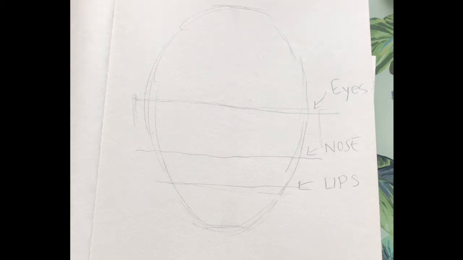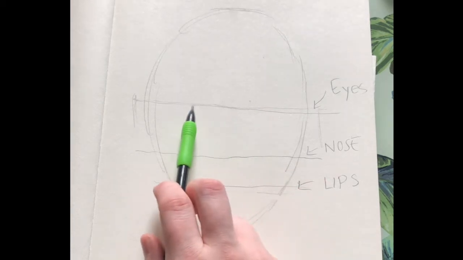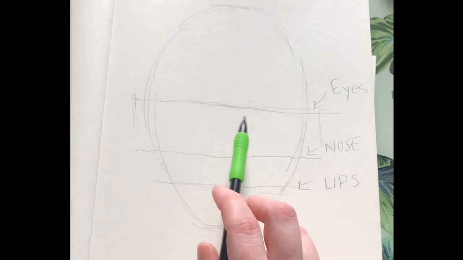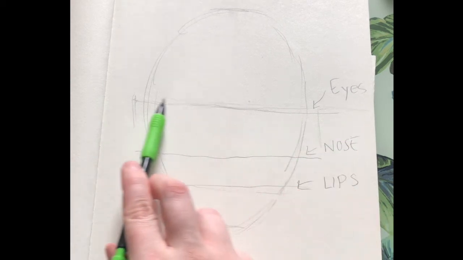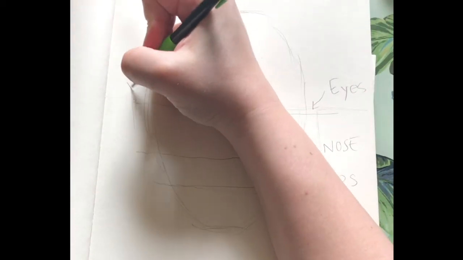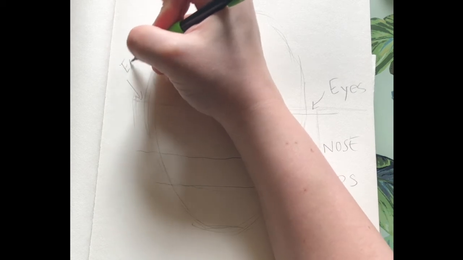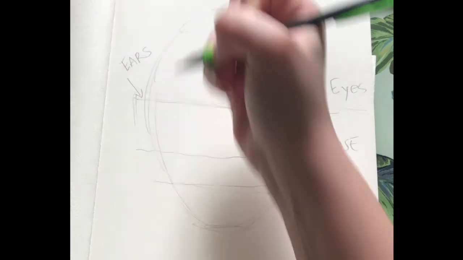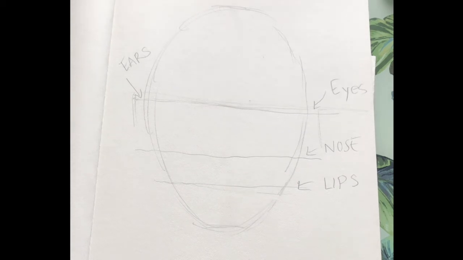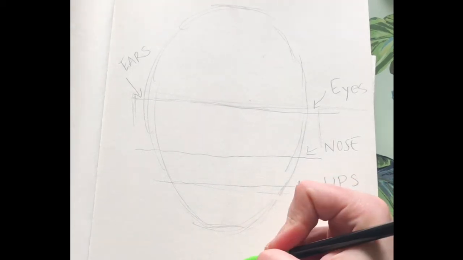So next we're going to figure out where our ears are going to go. Now this is really simple because you've already done your eye line. Your eyes and your ears are on the same sort of plane. So I'm just going to put an arrow right here. I'm going to put ears because our ears are going to be very close to where our eyes are. Now we're going to find where the center of our face is.